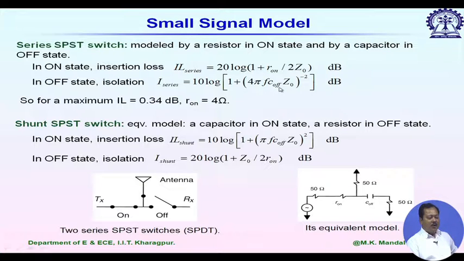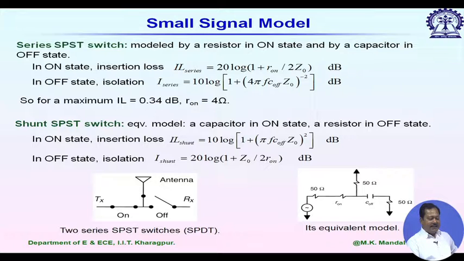Now, let us consider the shunt SPST switch. In this case, we are using the PIN or Schottky diode in shunt configuration. So, in on state, now we have to replace the diode by a capacitor.